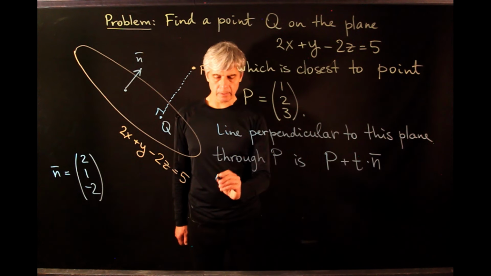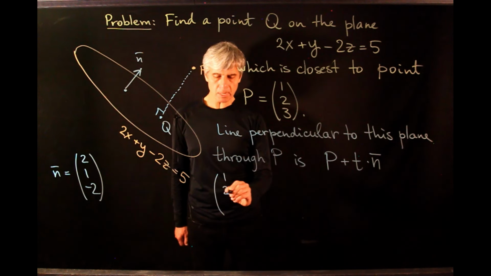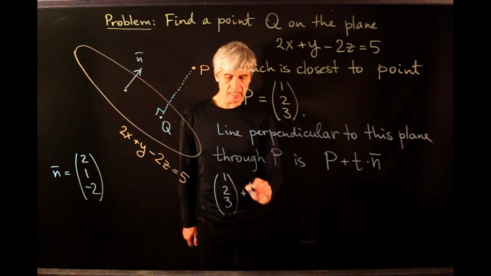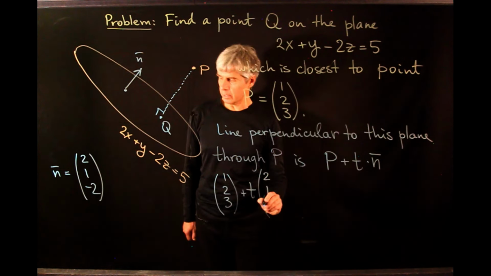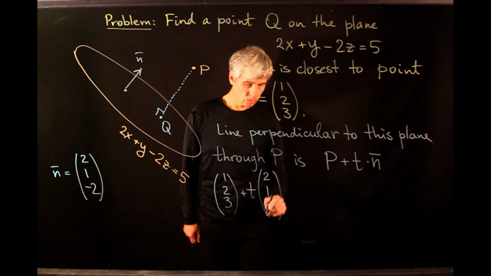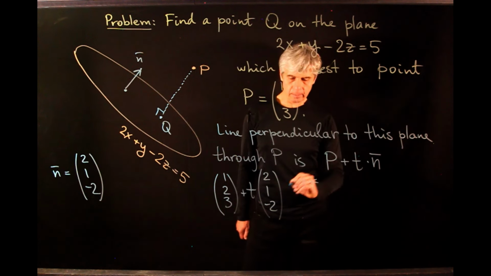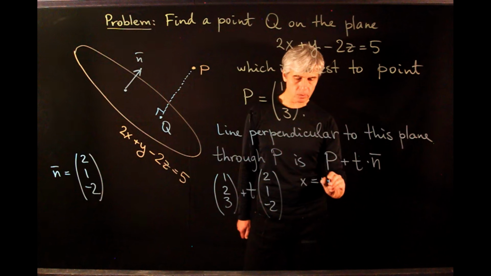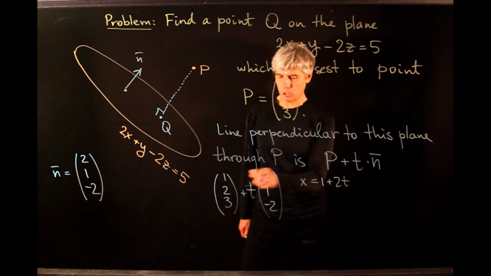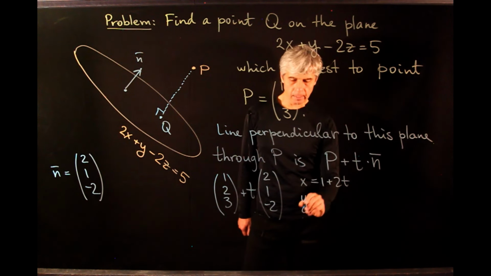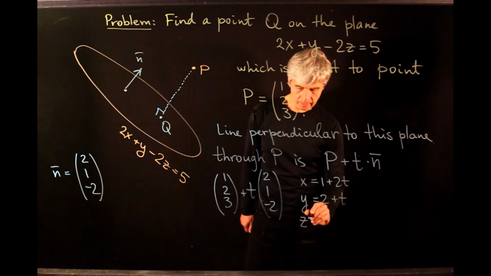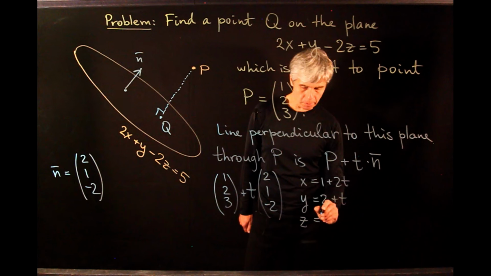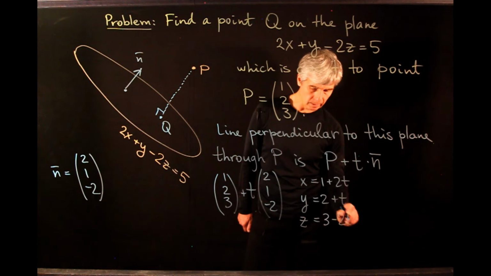So this line is (1, 2, 3) plus t times the normal vector (2, 1, -2). So this tells us that x is equal to 1 plus 2t, right? So we just add this. y is 2 plus t, and z is equal to 3 minus 2t.